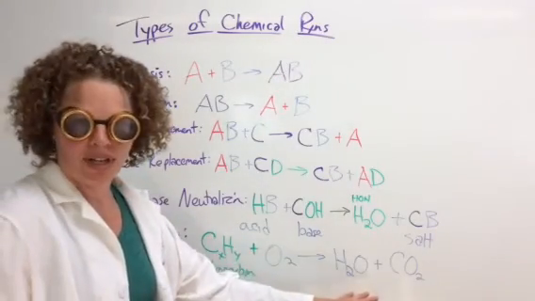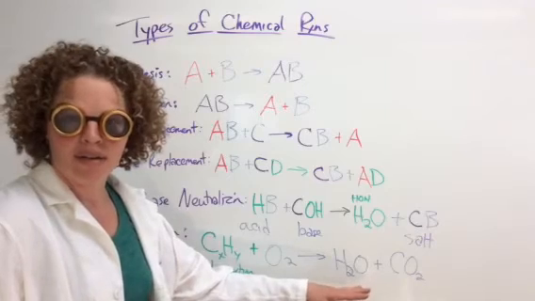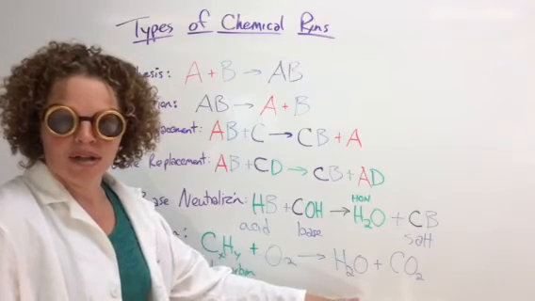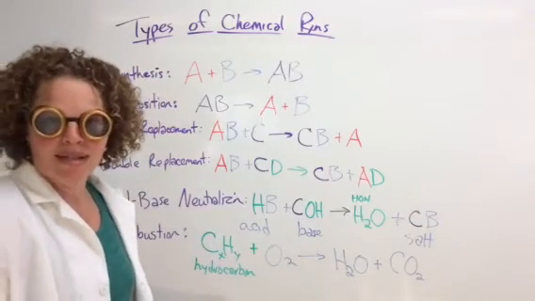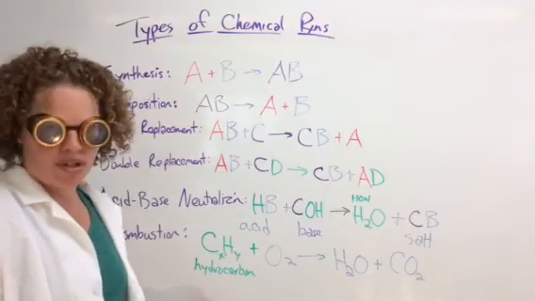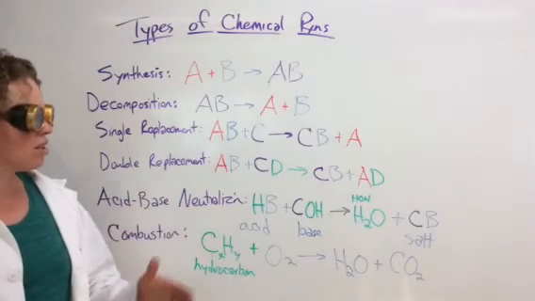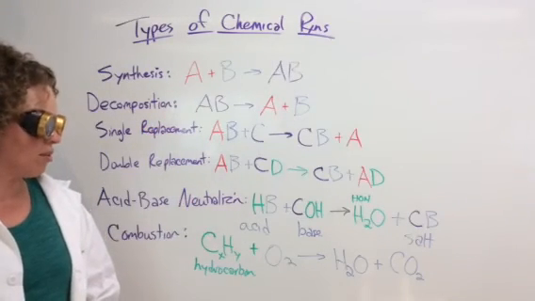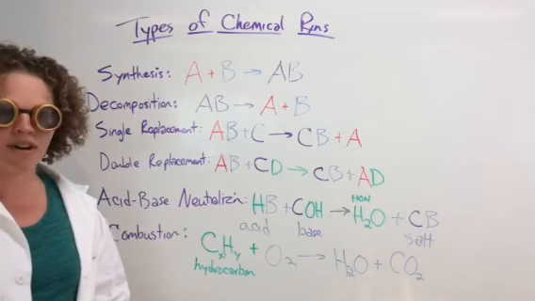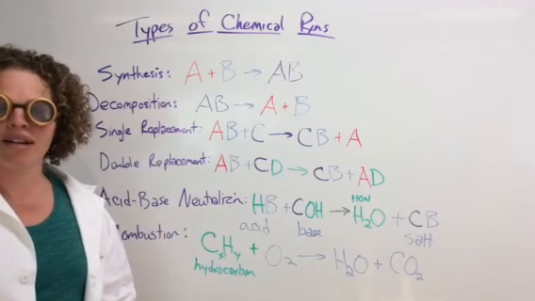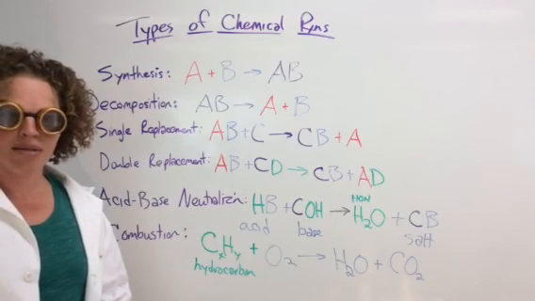There might be a sulfate or a sulfide as a product. But this is the basis. You see this? Combustion every time. So those are your 6 types of chemical reactions. These are the patterns that we need to remember in order to identify them. And now we're going to get to actually using real elements and compounds.